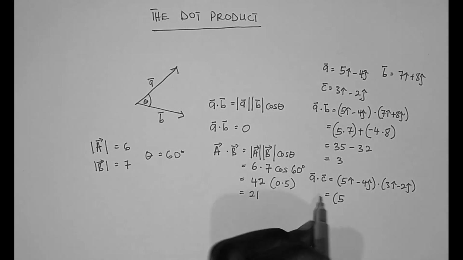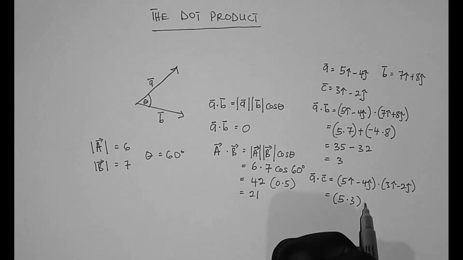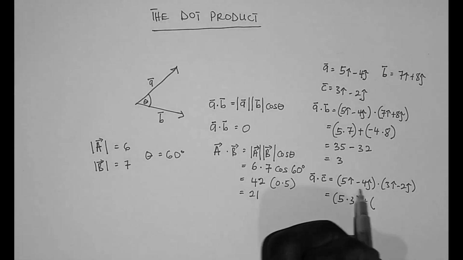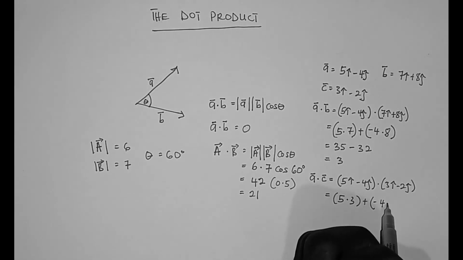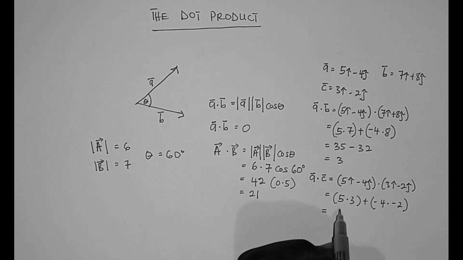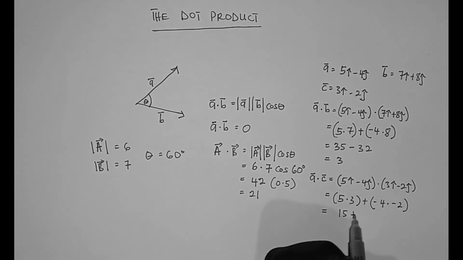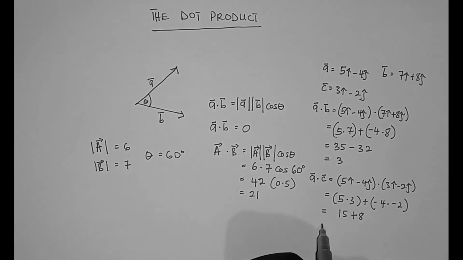So we multiply the correspondent, 5 times 3, then plus in another bracket minus 4 times minus 2. So 5 times 3 is 15. Then minus 4 times minus 2 is equal to 8. So plus 8. And 15 plus 8 is 23.